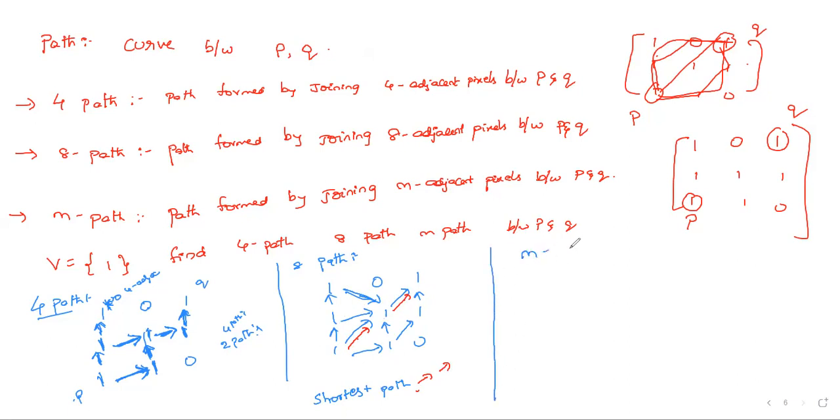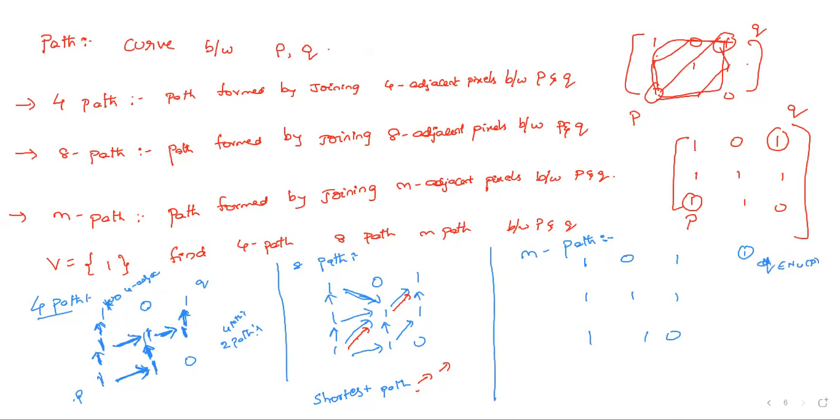Next, M path. 101, 111, 110. Generally, if 4 path is possible, M path is possible because the first condition is Q belongs to N4 of P, right?